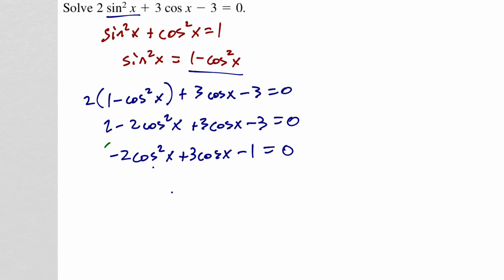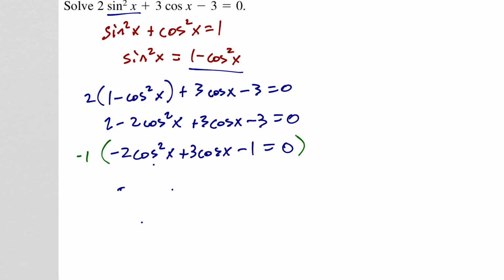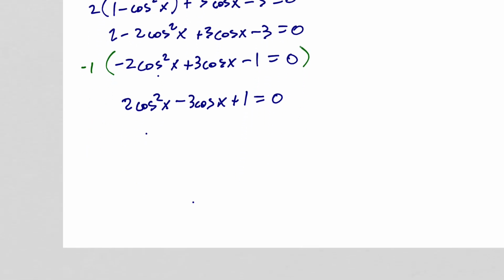Just to simplify this and get it looking a little prettier, I'm going to multiply both sides of my equation by negative 1. That's just effectively going to change the sign on everything on the left. I'm going to have 2 cosine squared minus 3 cosine plus 1 is 0. Do a little quick substitution, just replace cosine with u. So I have 2u squared minus 3u plus 1 is 0. We'll go ahead and factor that.